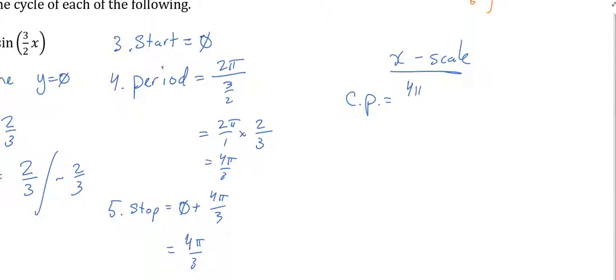So this is 4 pi over 3 times 1 over 4. You want this to be reduced, absolutely 100%. So however you have to do that, it works out to pi by 3. I take pi by 3, and I take my phase shift 0, and I ask, how do they go together?